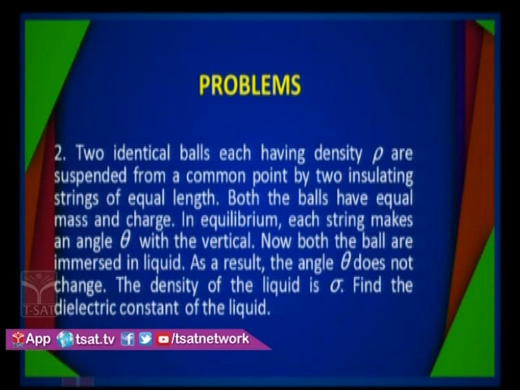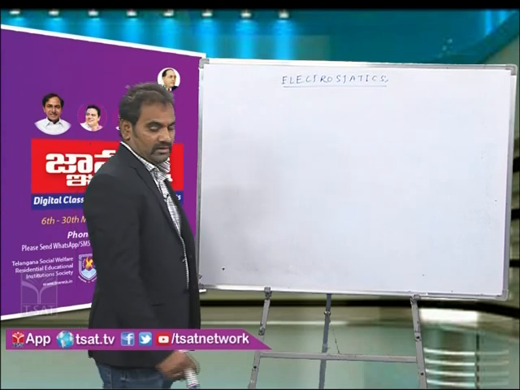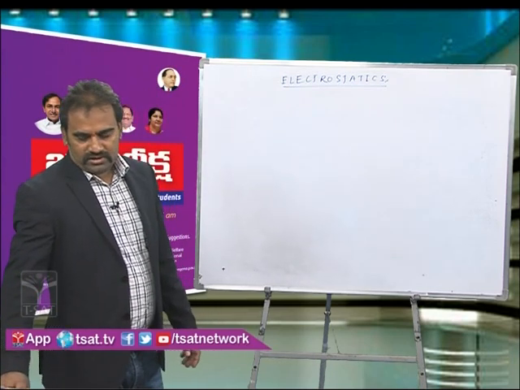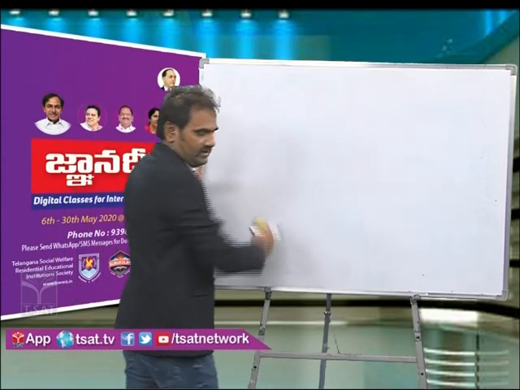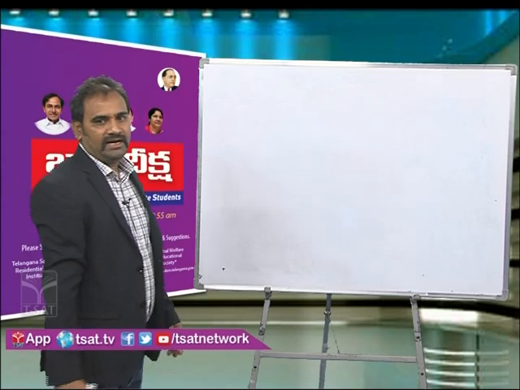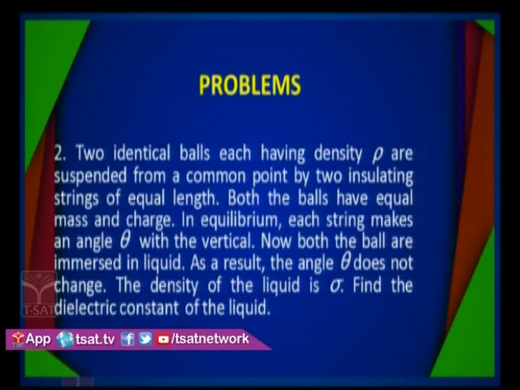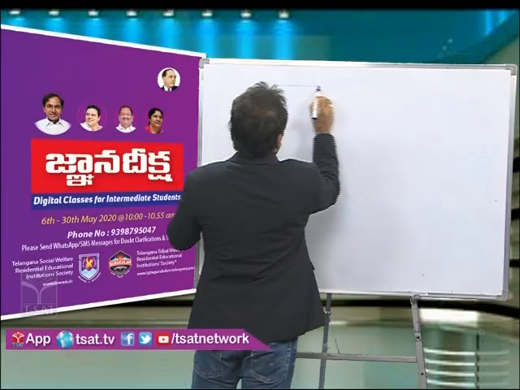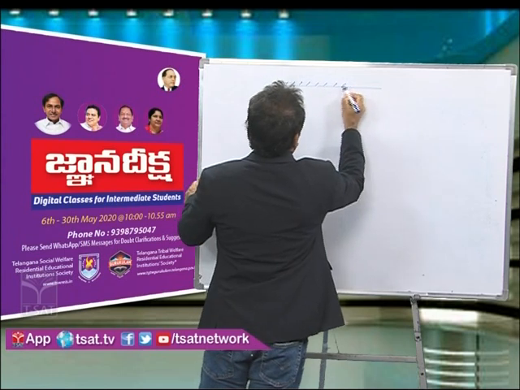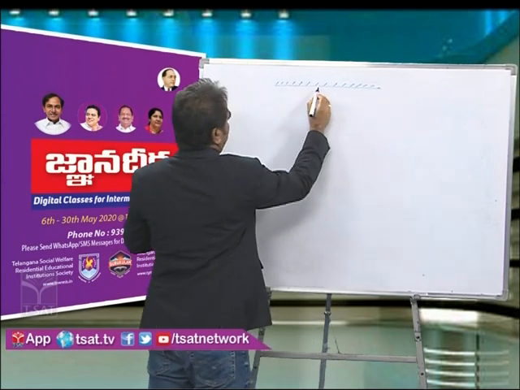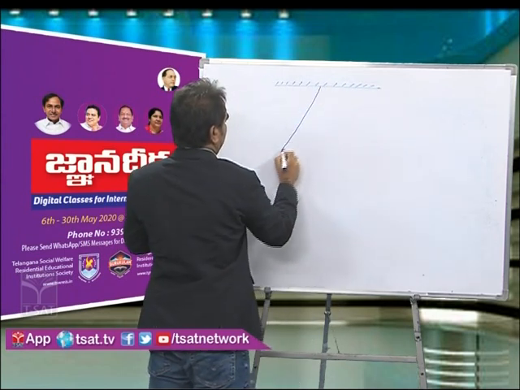So, what was given in the problem? Two identical balls, each having the density rho. They are suspended from a common point. Consider two identical balls.